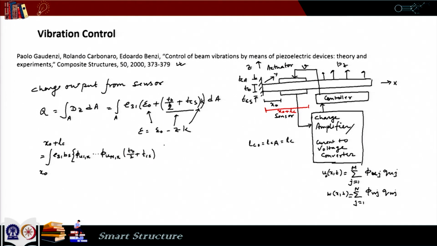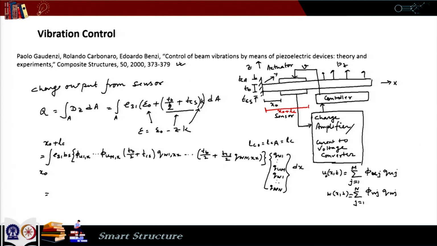and then we have Tb plus Tcs, phi_w1(x) double derivative w comma xx, plus Tb by 2 plus Tcs, and this entire row vector is multiplied by the column vector q, then dx.